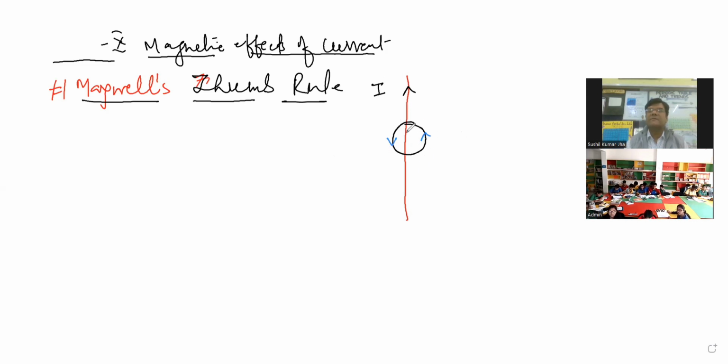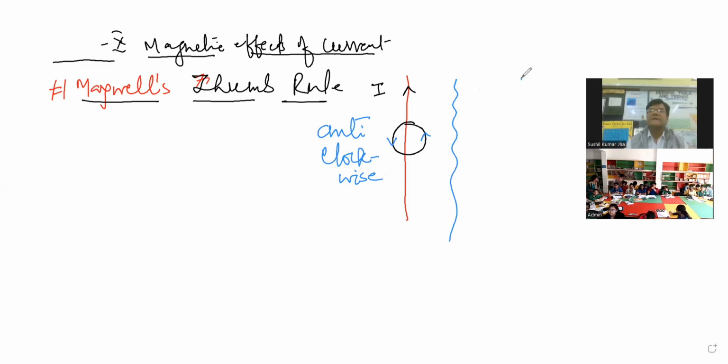Anti-clockwise. This is the direction of magnetic field.